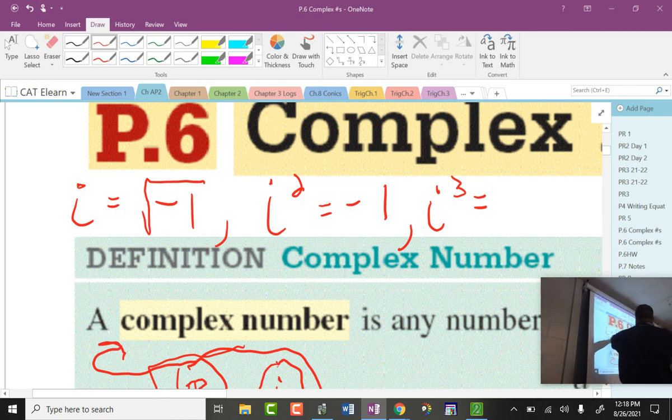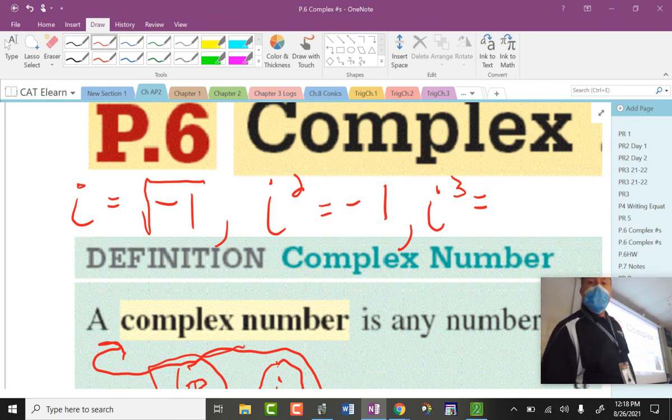And then what's i? We'll just leave it in terms of i. So i cubed is i squared times i. I'm sorry, what's i squared? It's -1. I made a mistake. So this is -i.